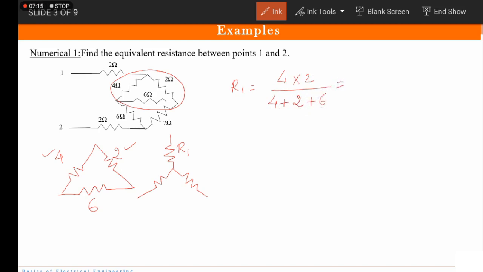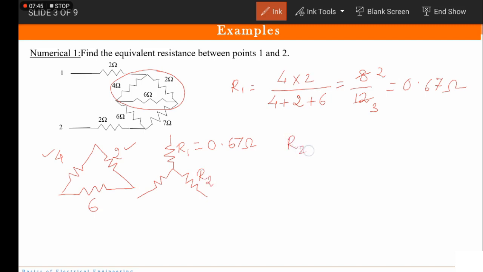So this comes out to be 8 upon 12, right? So this is 2 by 3. So that comes out to be 0.67 ohms. So my R1 is 0.67 ohms. Okay. Fine.